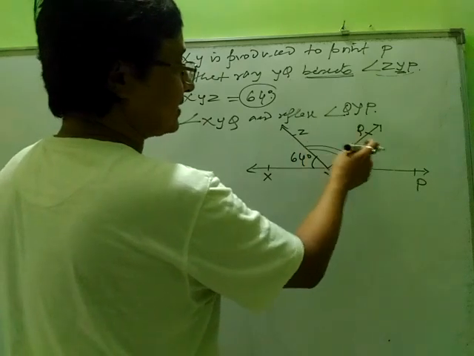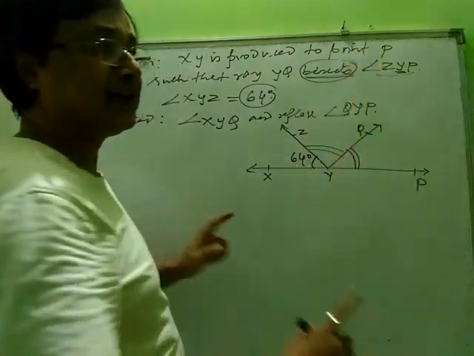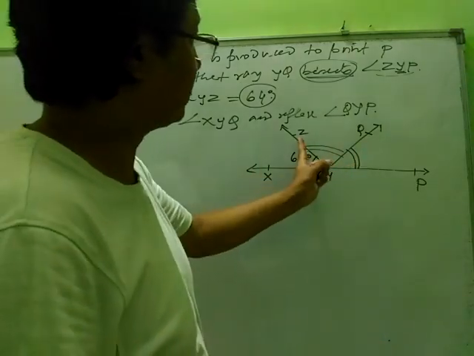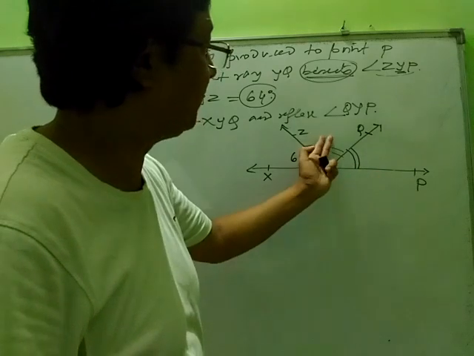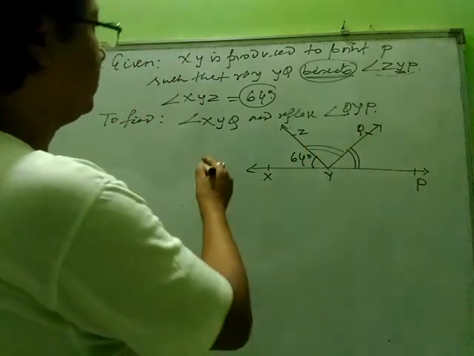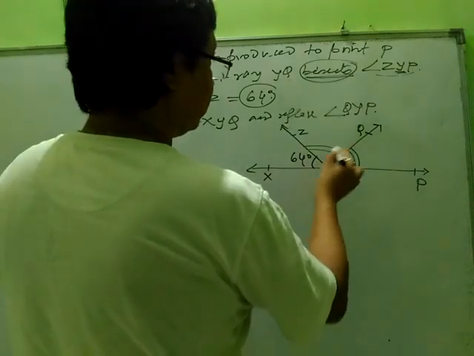If this one is x, this also will be x, because bisecting divides into equal halves. Supposing this one is 100, it will be 50, 50. Now you will find angle XYQ.